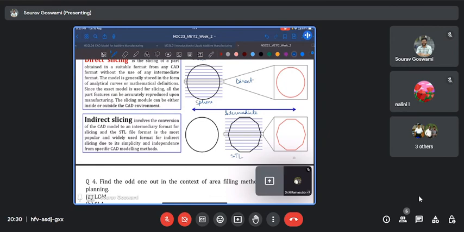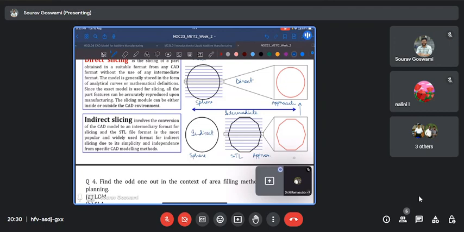And thus, for a sphere, which was a perfect sphere in a CAD model, when it is tessellated into an STL file, it becomes approximate. And when we slice this approximate STL file, what we will obtain is polygons in each slice. See, by increasing the number of sides of the polygon, we may approach a circle, but still it will never be exact. And this is called indirect slicing.